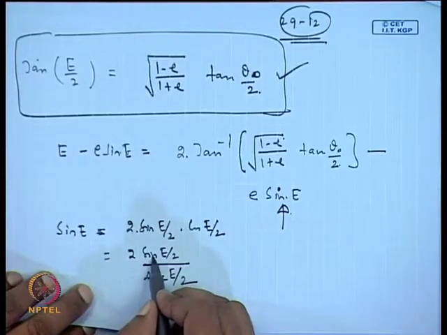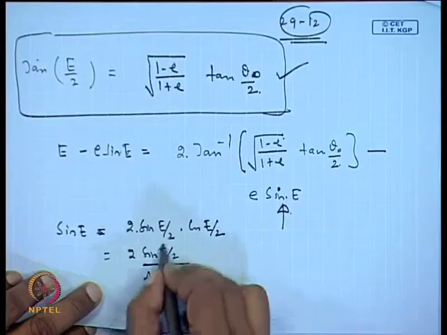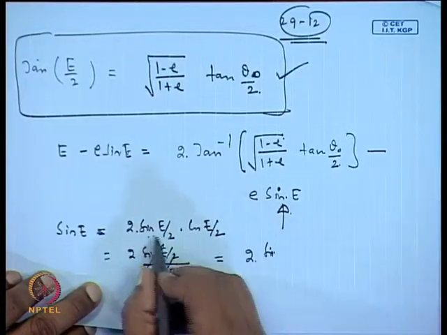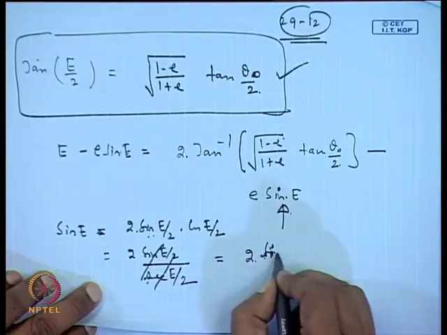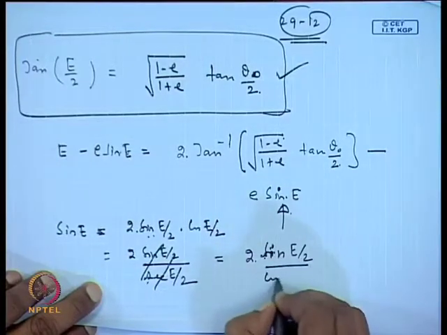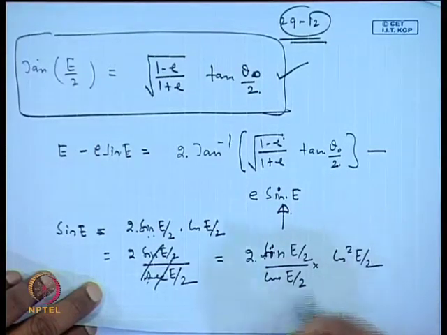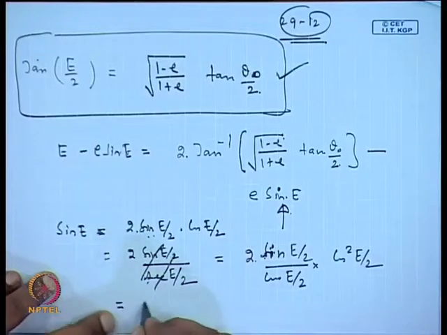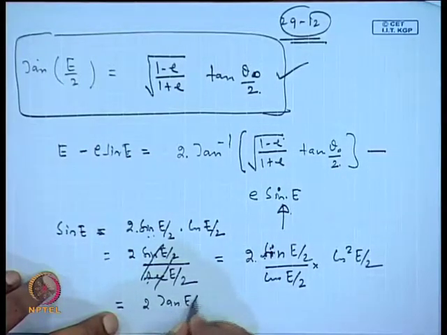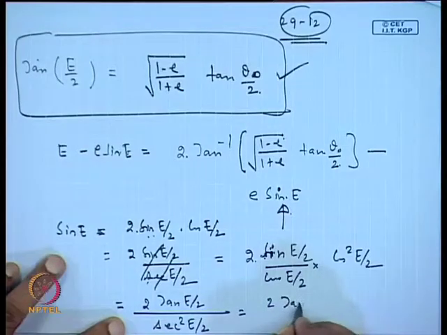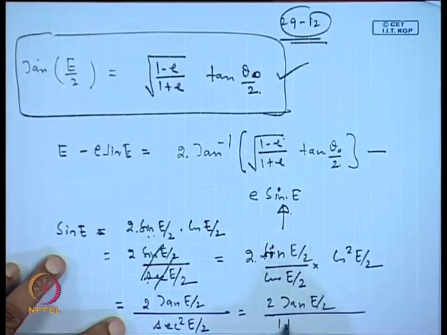What we are trying to do here is convert this sin into tan. Okay. So, sin E by 2 we divide by cos E by 2, so here it gets multiplied by cos square E by 2. This is a simple trigonometric relationship. So, this is 2 tan E by 2 divided by sec square E by 2, that is 1 plus tan square E by 2.